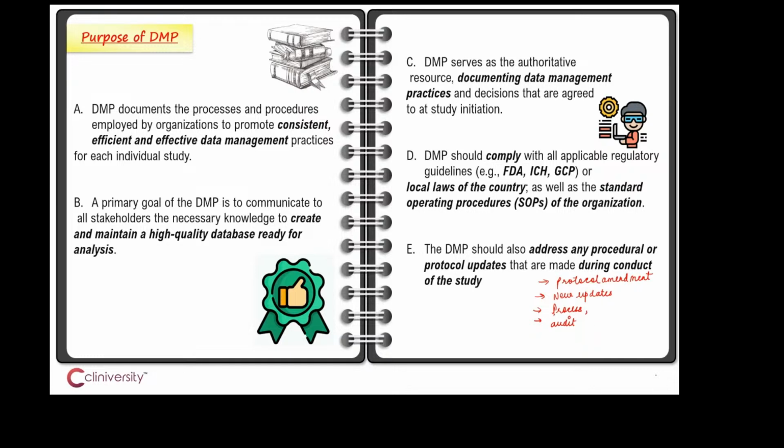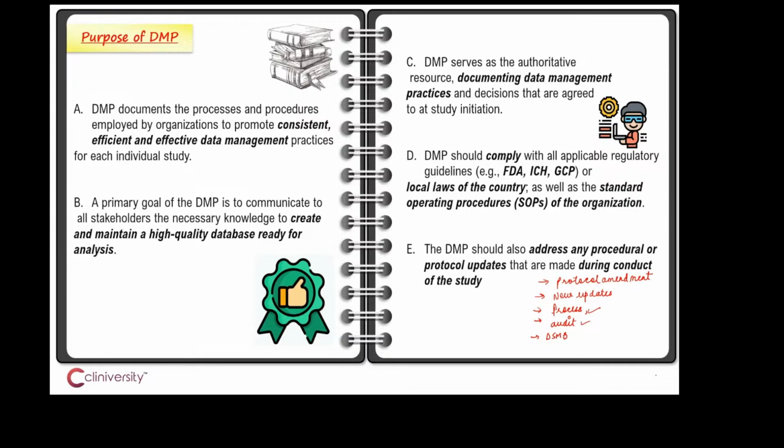So your updates could be because of process changes, an audit finding that has recently happened, or because of certain data cuts and the DSMB reviews that keep happening. Okay, so this is again this committee, the DSMB. This review board is basically involved in seeing how the study is progressing and whether we require any changes in the study.